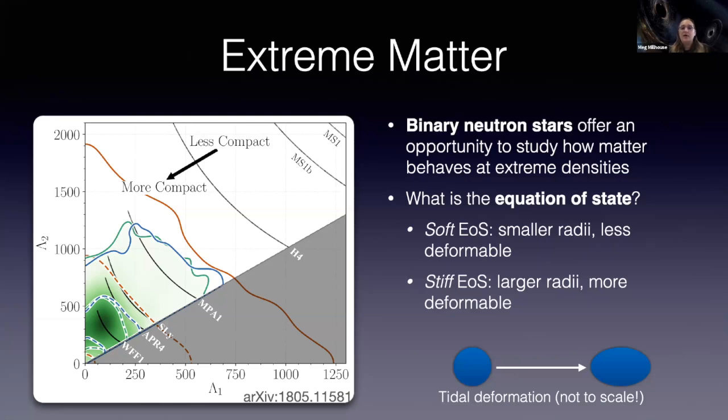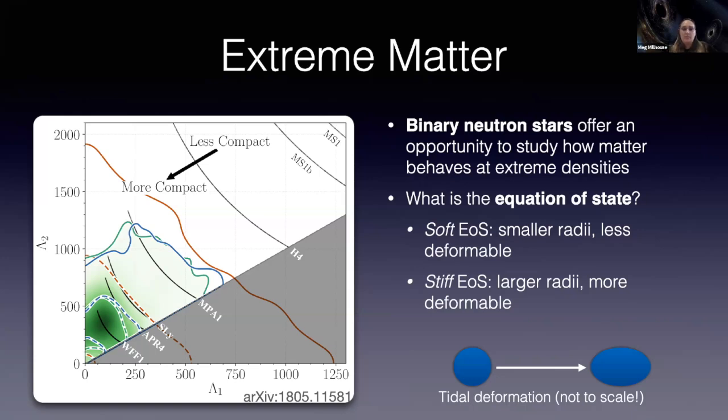So they can teach us stuff about nuclear physics that we can't learn in our own experiments. Specifically, we're interested in this thing called the equation of state, which can be used to relate microscopic properties of nuclei to observable properties of neutron stars.